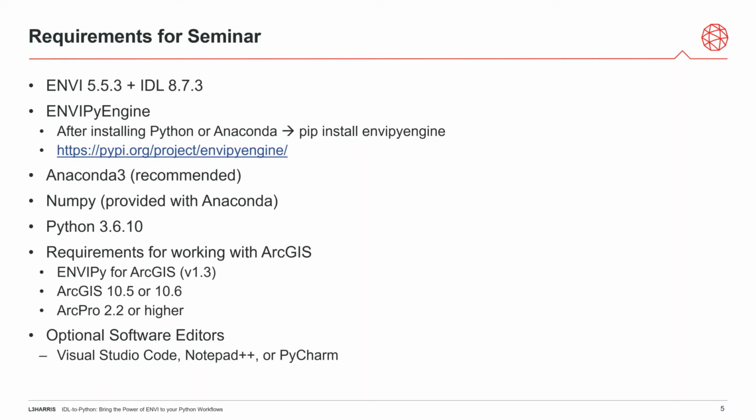We're going to be working with Arc 10.5 or 10.6 and Arc Pro 2.2 or higher. And then also suggest, if you're following along, you need a software editor. We'll certainly use the IDL development environment, but other ones that I'll be using today include Visual Studio Code. You can also use Notepad++ or PyCharm, and I'm sure there are others out there that are suitable.